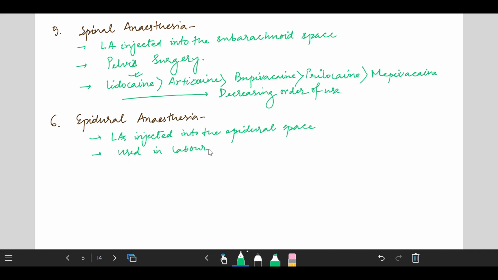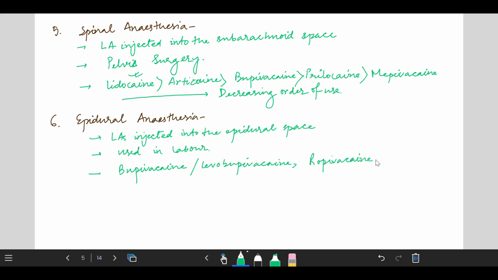Okay? And the drugs of choice for this purpose are levobupivacaine and ropivacaine. So these are the drugs of choice.